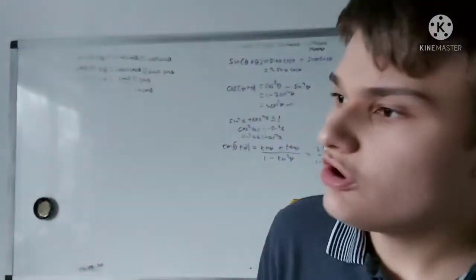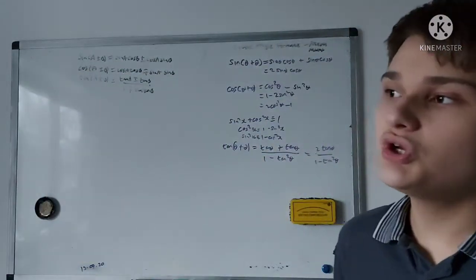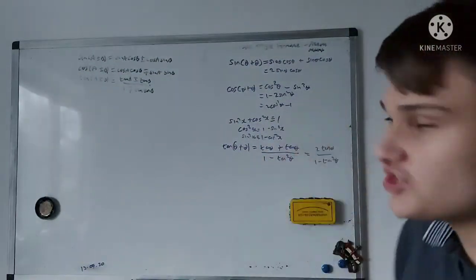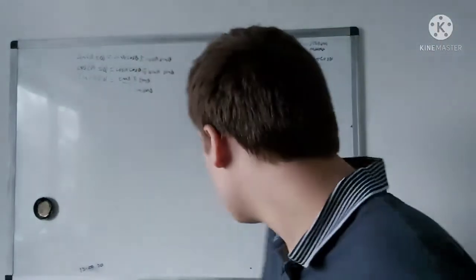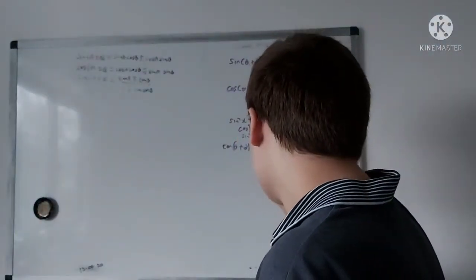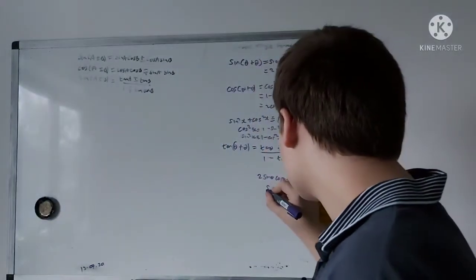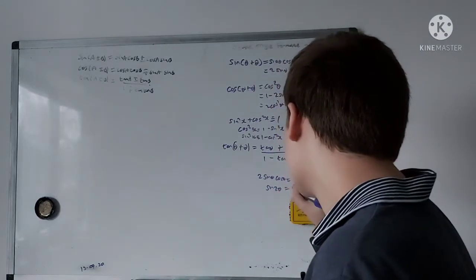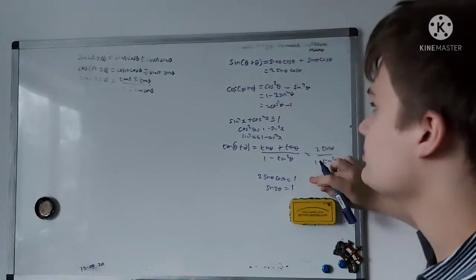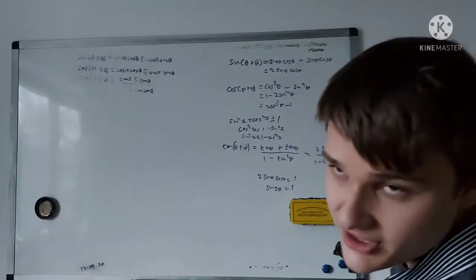Now you might be thinking, what is the point of having so many more trig identities? Well, the point is you can replace these in a trig equation. So if I had, for example, 2 sine theta cos theta is 1, I can jump to the next line. We'll say that sine 2 theta is equal to 1, because I know what 2 sine theta cos theta is, that's sine 2 theta.